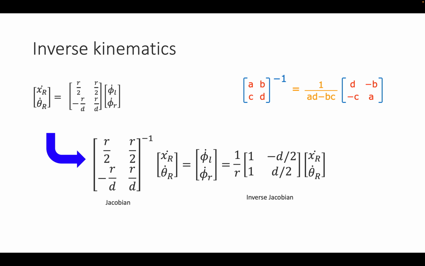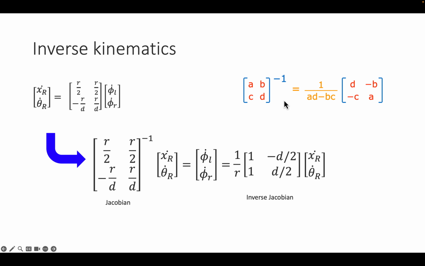Now I can invert the matrix. In this case I have the Jacobian, and I take the inverse in order to turn the desired speeds in Cartesian space into wheel speeds. To do this, I used a simple equation that gives me the inverse of a 2x2 matrix.